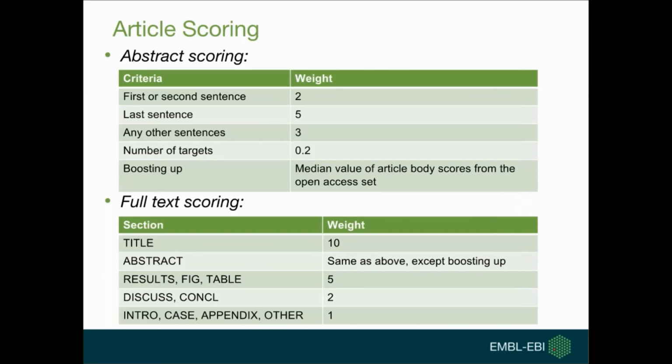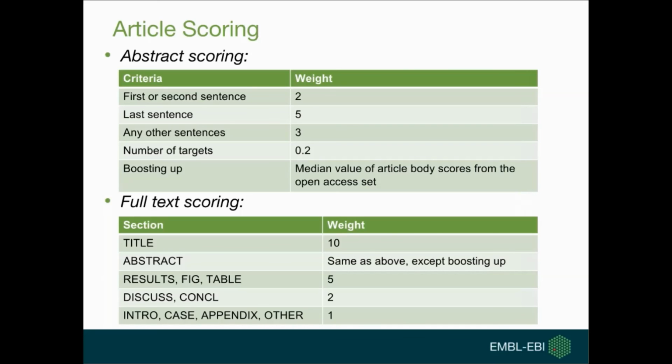We introduced article scoring in this phase because we wanted to score articles according to the confidence for a given gene disease association. Since we have 2 types of documents, abstracts and full text, we implemented 2 different scoring algorithms.